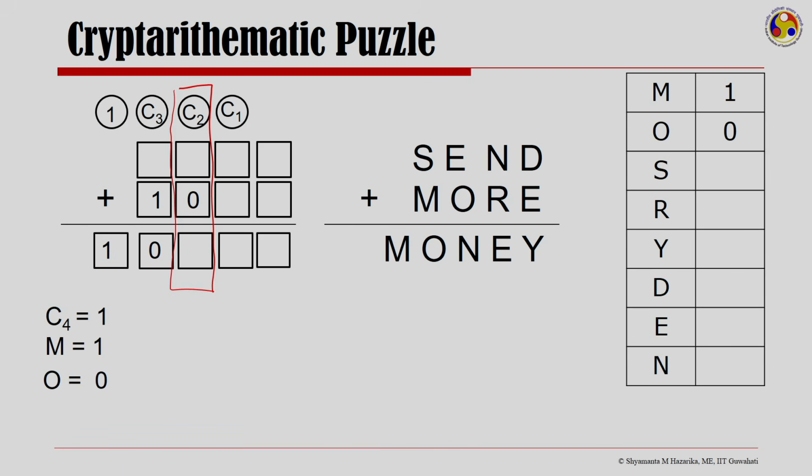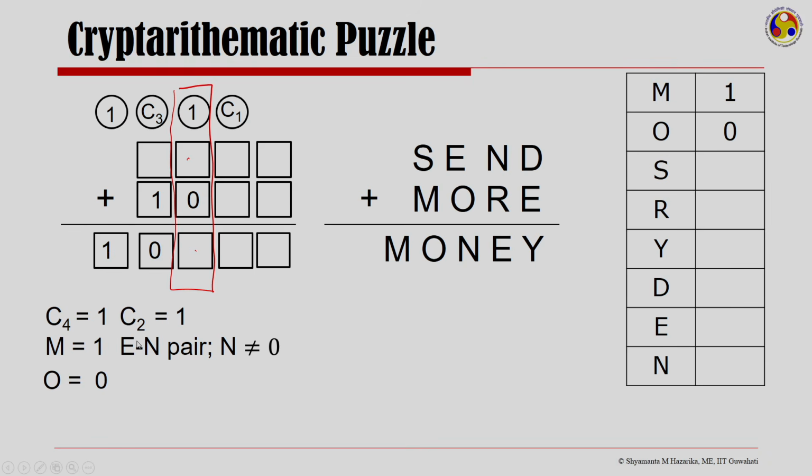Third column here. I have E here and I have N here, and this is a 0, and we should realize that E plus N, there must be some relation.